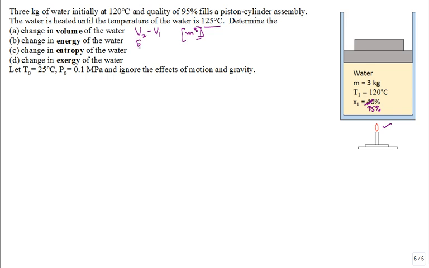It would be E2 minus E1 in units of kilojoule, but you notice that there's no macroscopic velocity of this water. There's no change in the elevation of this water. Hence, it's just U2 minus U1. The change in the energy is limited to the change in the internal energy of the water.